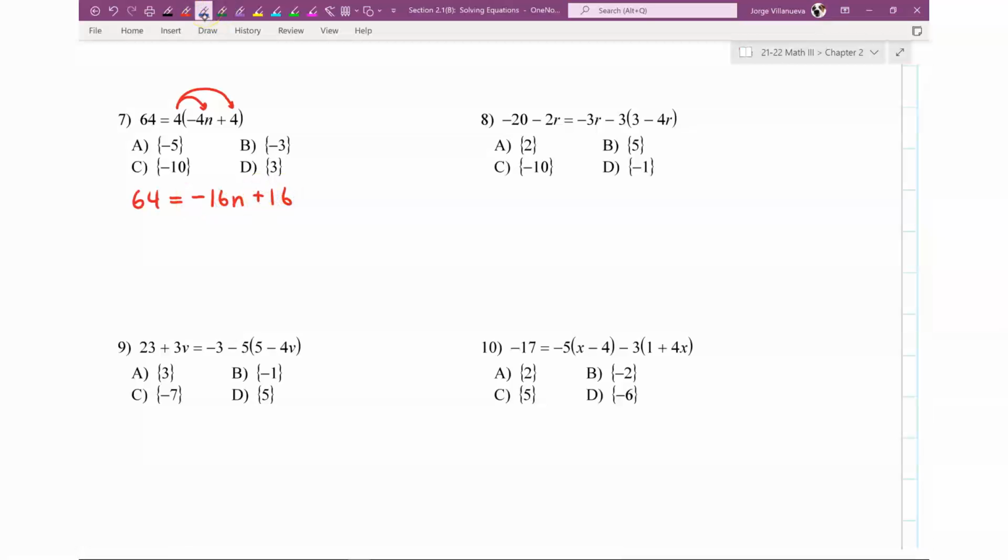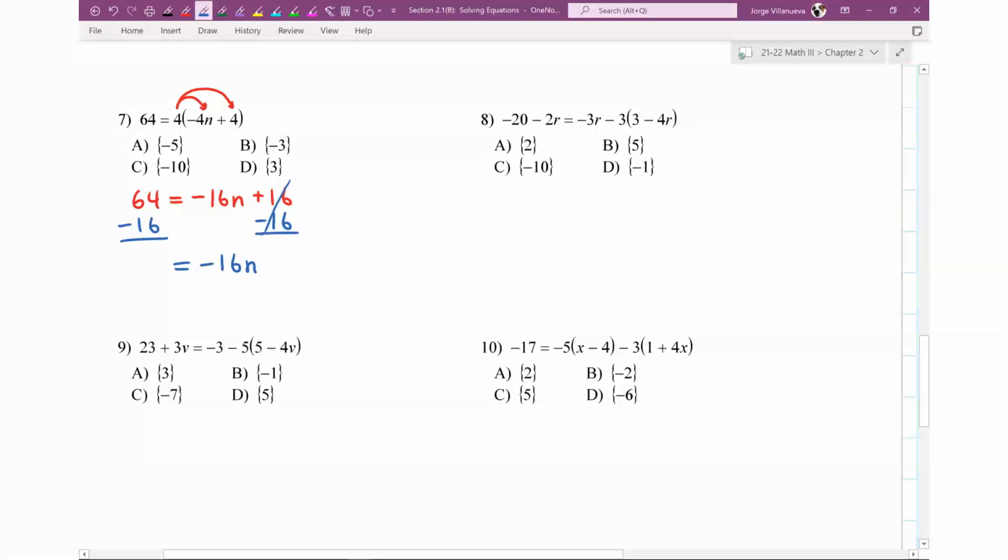Okay? So what's my next step here? All right, subtract 16. Thank you. So minus 16 on both sides. And that's negative 16n on the right side because this is going to cancel out. And 64 minus 16.